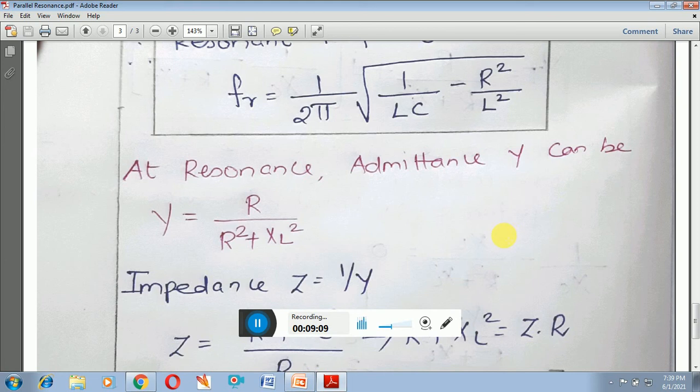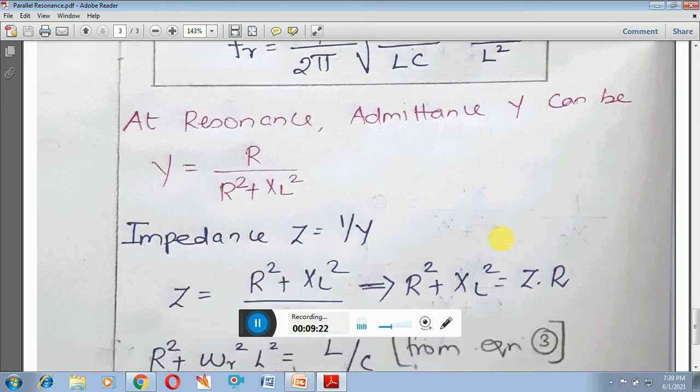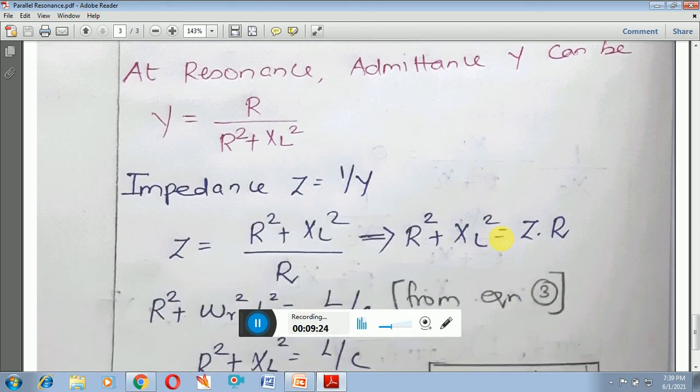From that admittance value, if you need to find the impedance value, you can substitute Z equal to 1 by Y, the reciprocal of admittance. So Z is equal to R squared plus XL squared divided by R. You can cross multiply it as R squared plus XL squared is equal to Z into R.